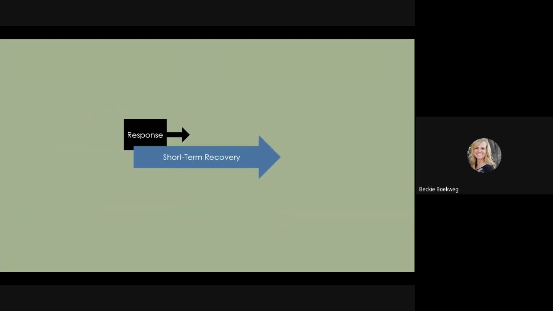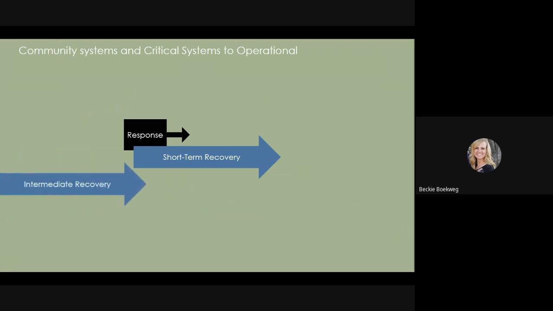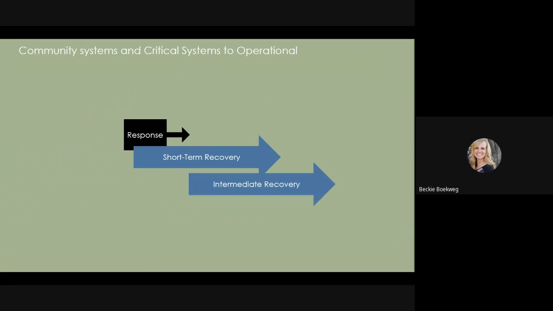Short-term recovery concerns involve managing and containing immediate impacts of the event on community systems and beginning to return these systems to operational conditions. Intermediate-term recovery concerns include facilitating re-entry after evacuation, reuniting families within the community, returning critical infrastructure, and essential government or commercial services to a functional state.